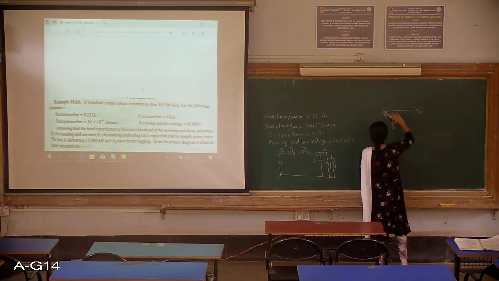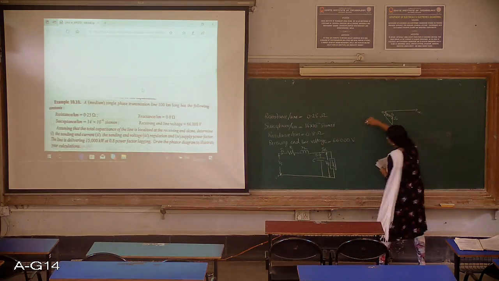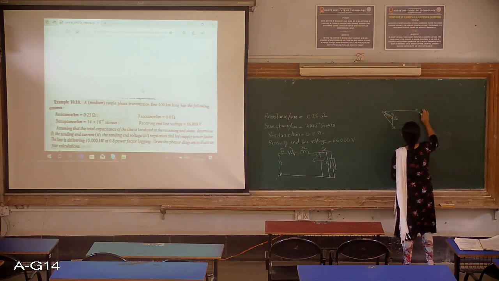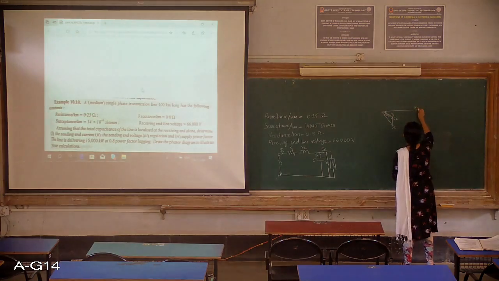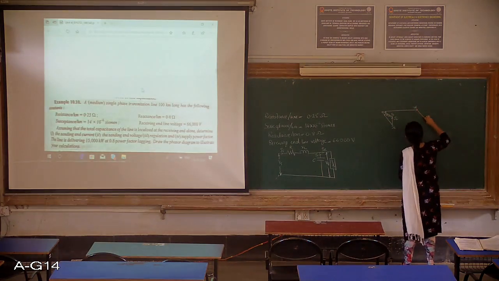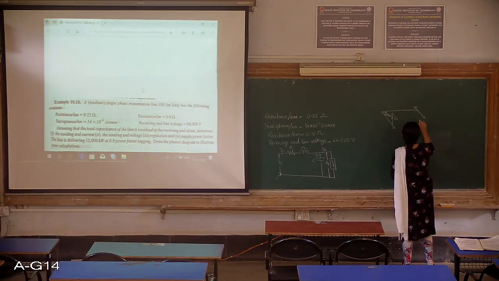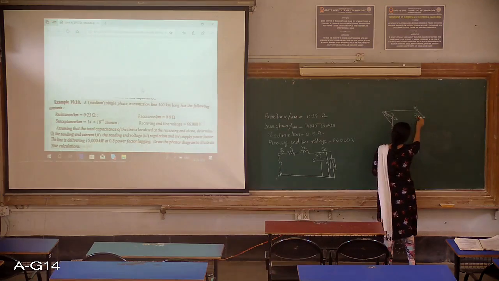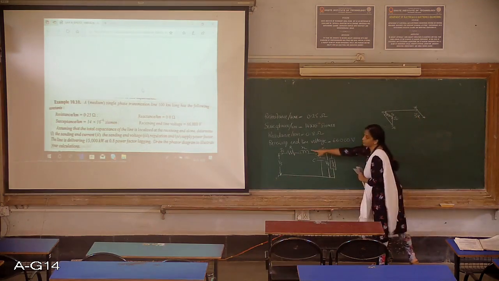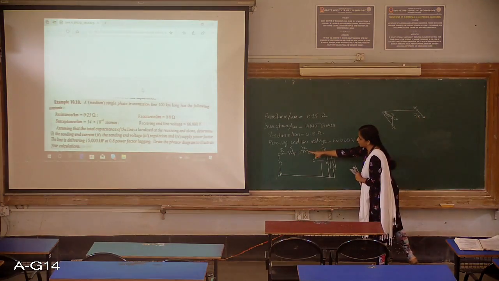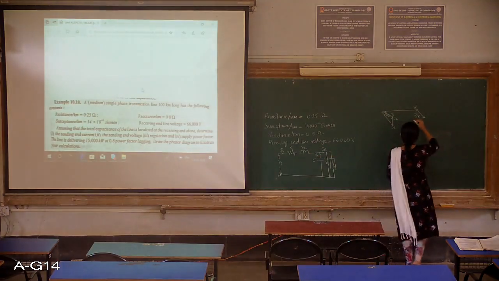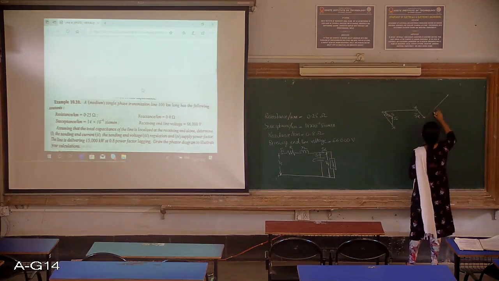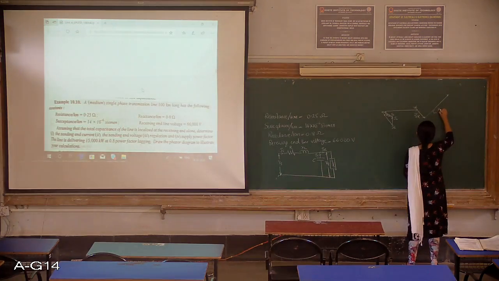In parallel with IS, now I have to represent the drop here and drop here. For the resistor part, there is no phase shift, so in parallel with IS you draw and represent it as IS into R. Then here it is purely inductive, so for the inductor with a 90 degrees phase shift, represent IS into XL.